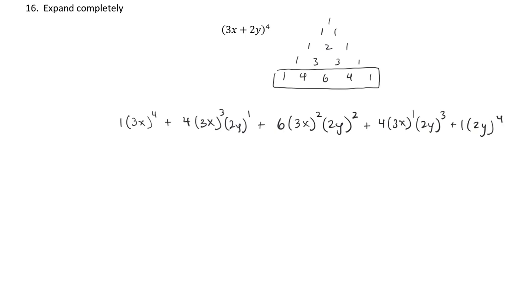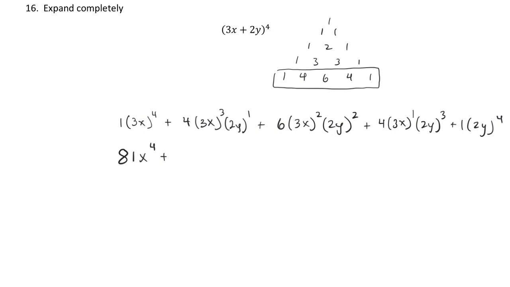And now we simplify the expressions. 3x to the 4th power is 3x times 3x times 3x times 3x, and then times 1. 3 to the 4th power is 81, so that's 81 times x to the 4th. Now here we have 3x to the 3rd power, so that's 3x times 3x times 3x, which is 27x cubed.